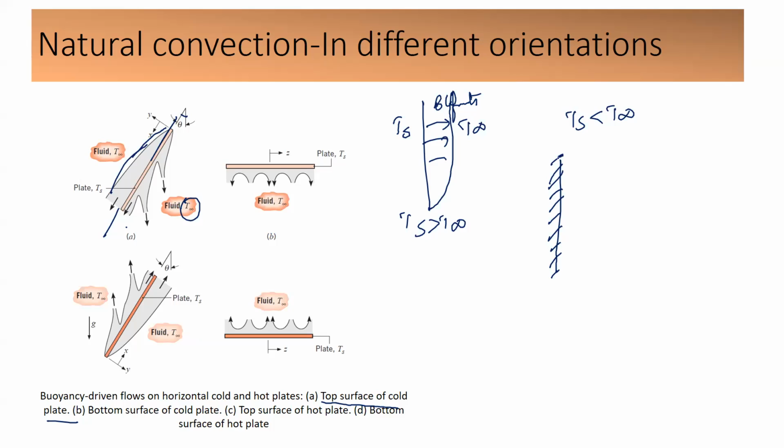Obviously, if Ts is less than T infinity, all the fluid particles which are in immediate contact would settle down. So this will be the pattern. This is a cold plate. What would happen is descending of the fluid layer, whereas here it is ascent of the fluid layer.